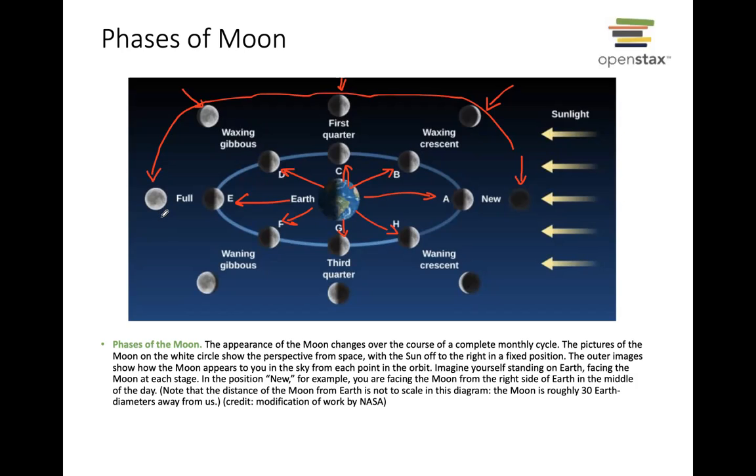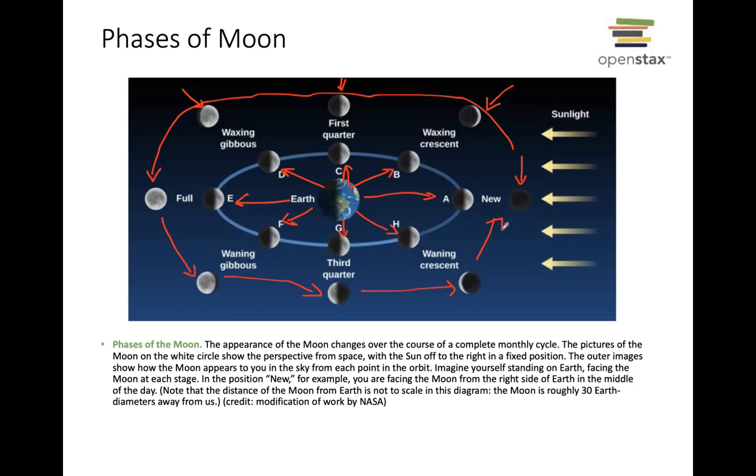After that the angle changes again and the illuminated amount that you see reduces little by little up to the new moon again. So this is the complete cycle, right? But once again, that is just the angle that we see.